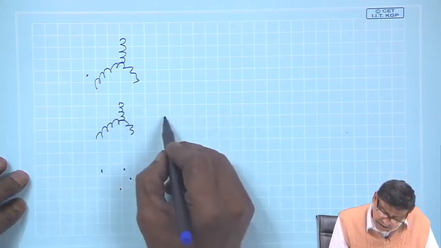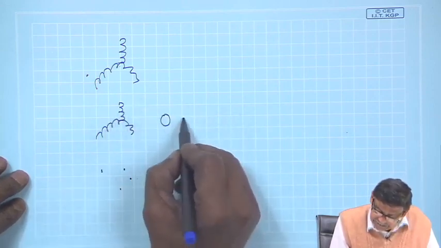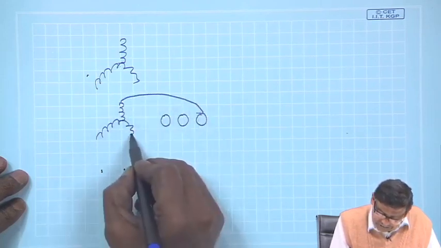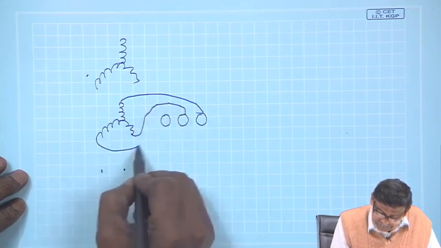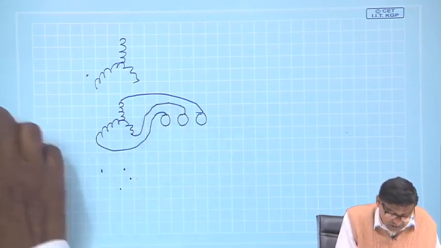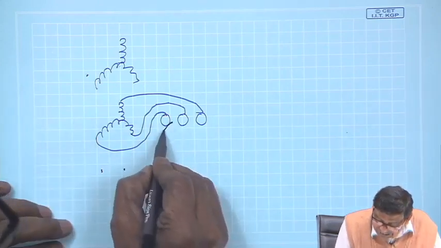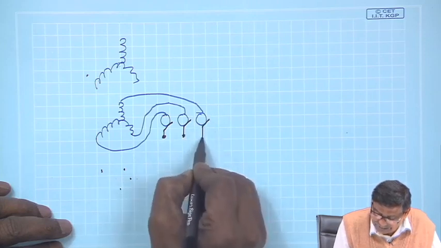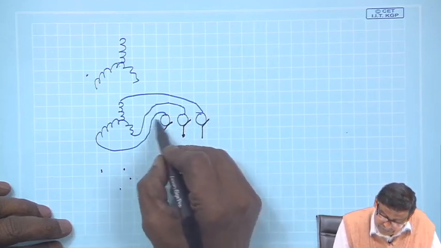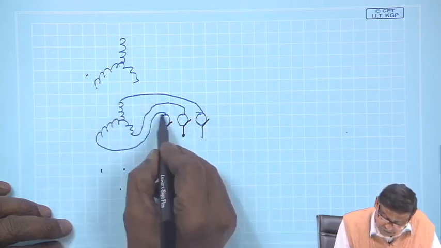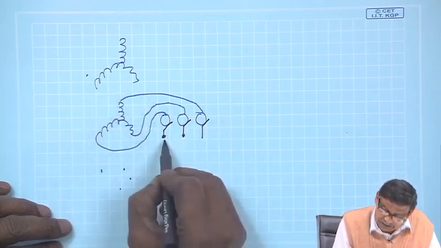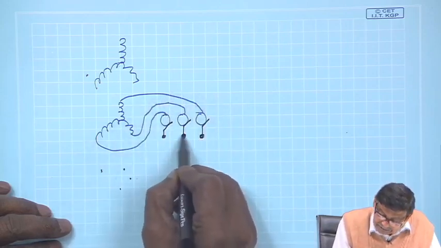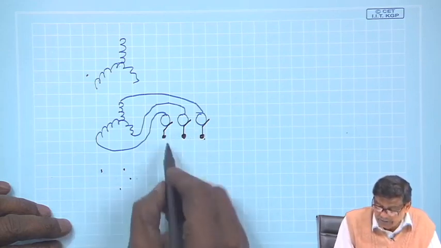In some books you will find the connection shown like this: 3 slip rings terminated at these points, and fixed brushes indicated by this, not switches, just indicative. These slip rings move along with the rotor, but always touch the brush no matter where it is. So, depending upon this R, Y, B, these terminals are the available rotor terminals.